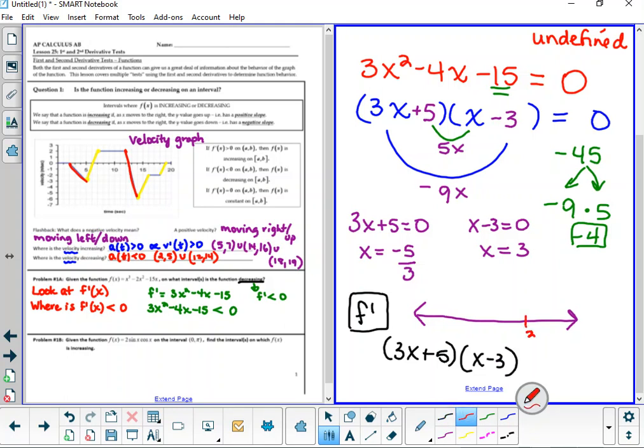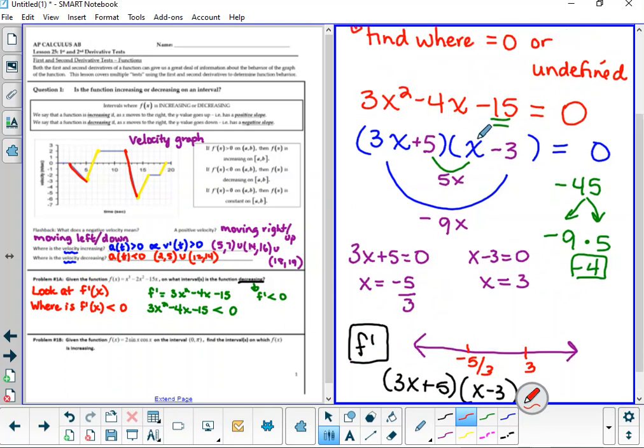My boundaries for f prime potentially changing from positive to negative are the places where f prime equaled 0, negative 5/3 and positive 3. If I graphed this, these would be the two places it would cross the x-axis. I can think about a graph for this also. I know enough about how a parabola gets graphed to know that this is an opening up parabola.